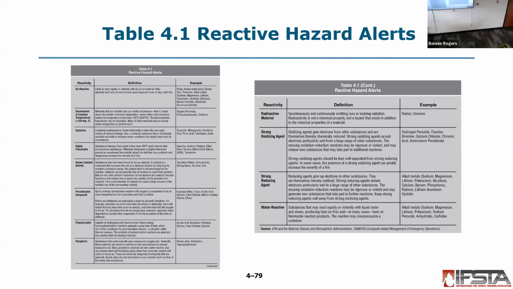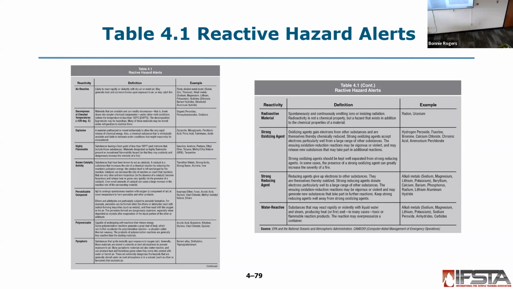And mixtures that include those substances, materials designated as highly flammable present an exceptional flammability hazard, and they may suddenly and dangerously increase the intensity of a fire. Okay, what are some examples? Gasoline, acetone, pentane, ethanol, ethyl ether, toluene, methyl ethyl ketone, MEK. Okay. All right, Brandon.